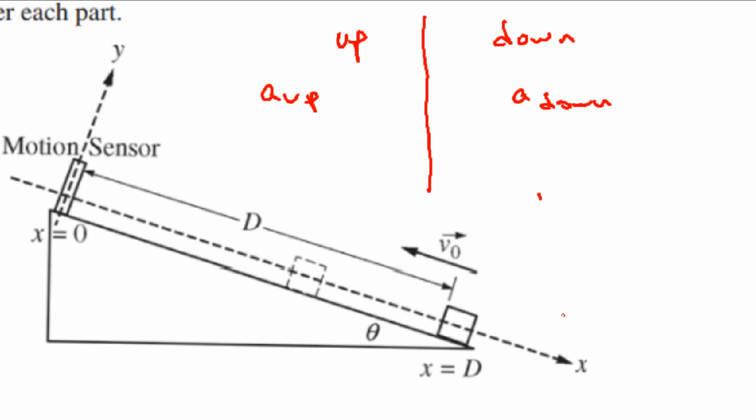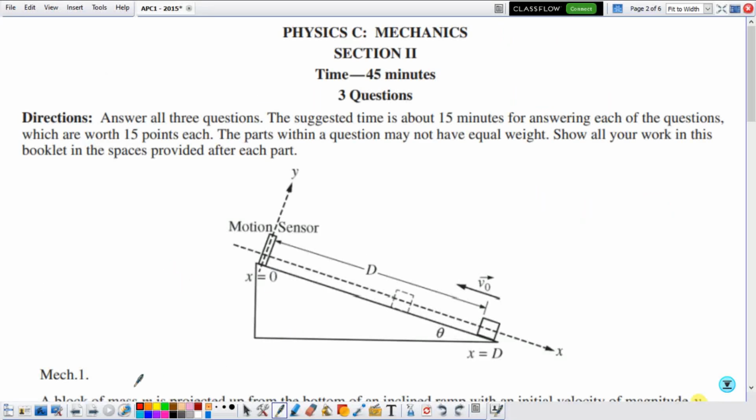So we expect that the acceleration during the upward motion in magnitude is greater, or steeper, than A down. So I repeat, during the upward motion the magnitude of the acceleration due to both friction and gravity combined would be greater than the magnitude of A down, where the acceleration now splits between gravity being down and friction being up.